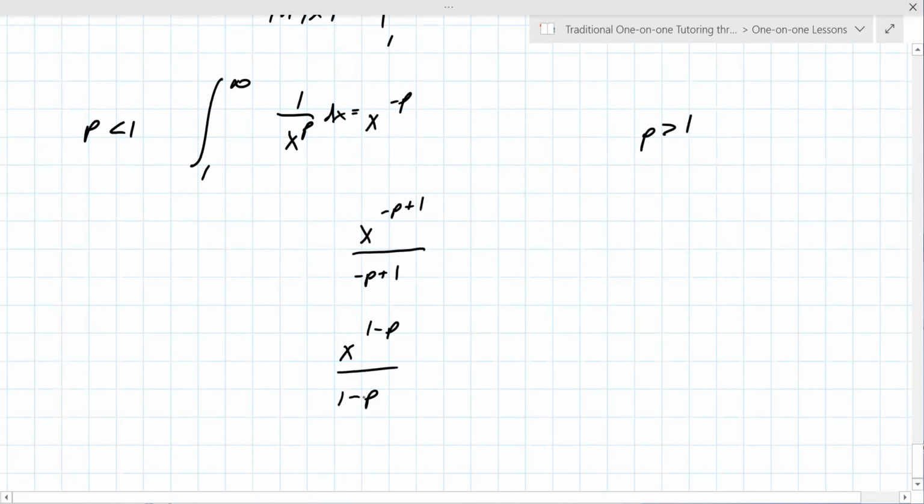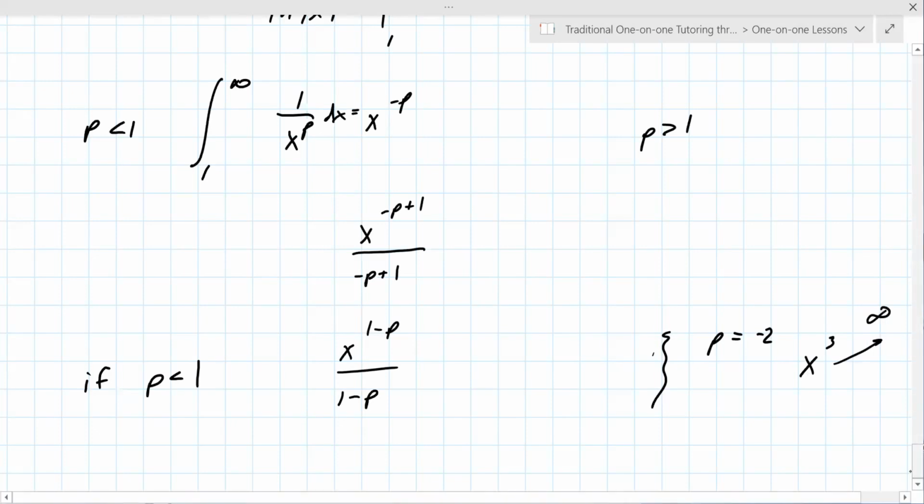So if p is less than 1, consider an example, let's just say off to the side here that p is -2. What does this become up top? x cubed. And when you're evaluating that at infinity, x cubed goes to infinity. So it's the same antiderivative.